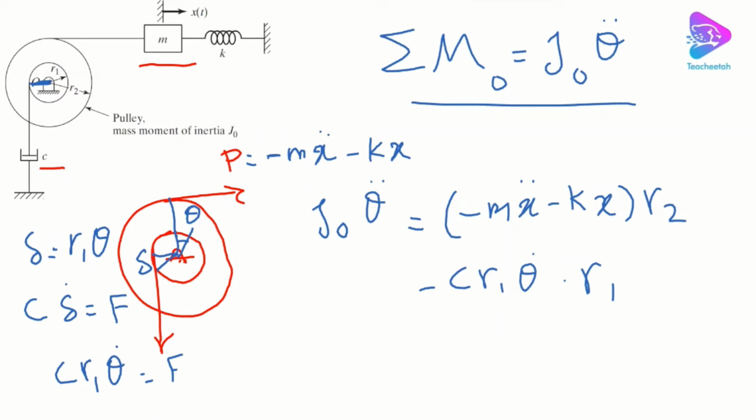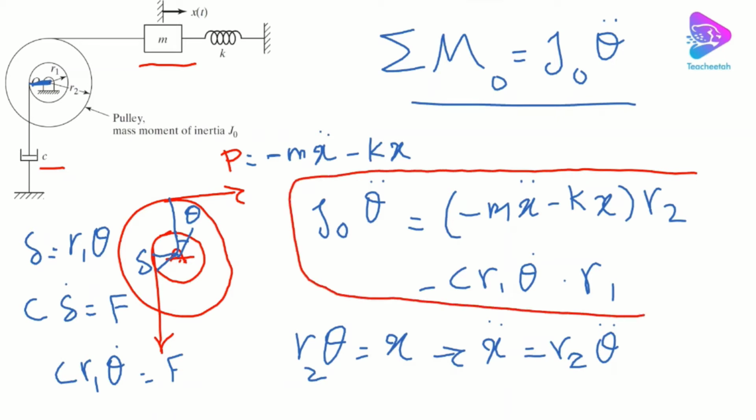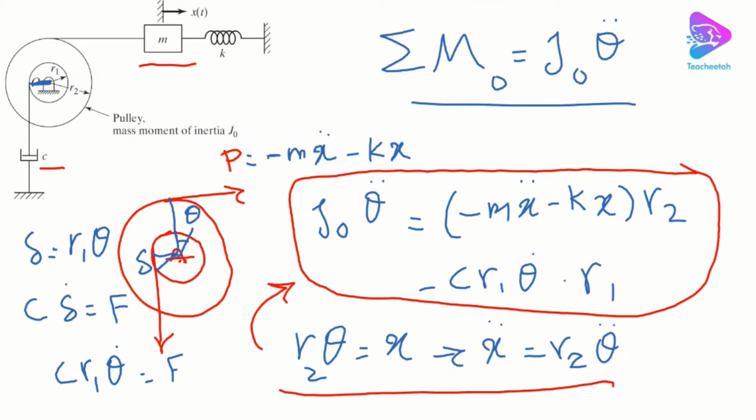Or we can do it step by step and figure out the terms. If we simplify it, knowing that R2 theta is equal to x, and therefore x double dot is equal to R2 theta double dot, we can further simplify this equation to only have one variable, either theta or x, in our differential equation. So we have this derived equation. We just need to plug in these expressions and simplify it, right?